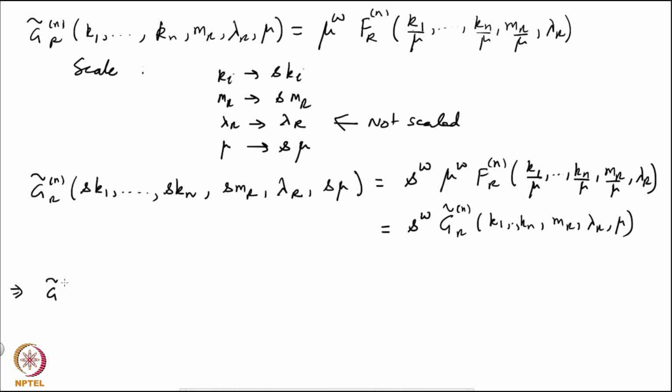From here I can also write S of ki, MR, lambda R, mu. So what I'm doing is, this I'm calling MR prime, this I'm calling mu prime. So for a moment you read it as MR prime, mu prime.